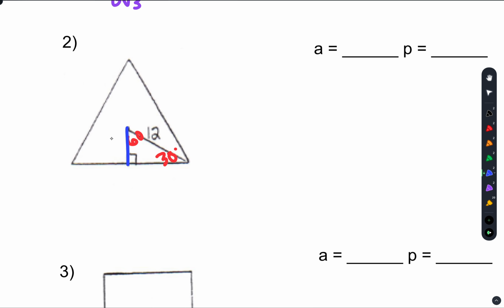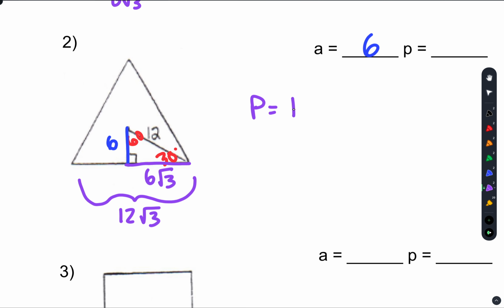Our short leg is 12 divided by 2, or 6. And then 1/2 of my base is I take that short leg and multiply it by radical 3, 6 radical 3. That makes one full base of this shape 12 radical 3. And the perimeter is 12 radical 3 times 3 sides, or 36 radical 3.